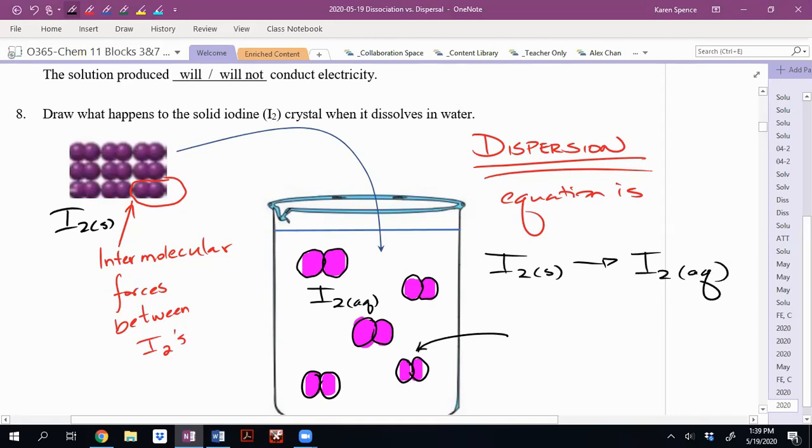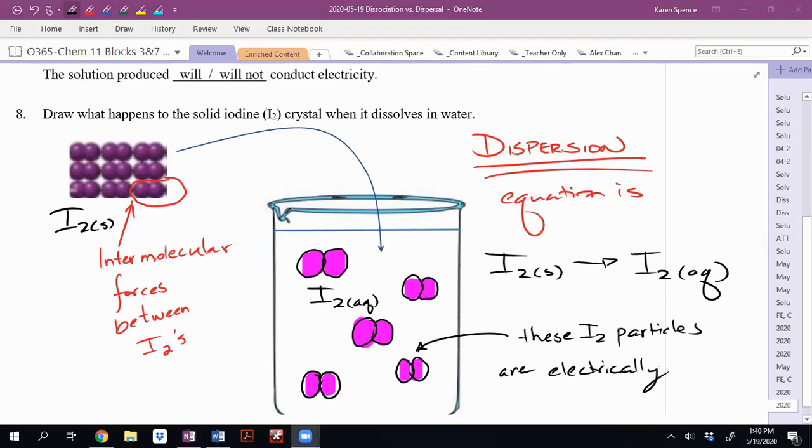What's the charge of these I2 particles? Electrically, are they positive, are they negative, or are they neutral? They are electrically neutral, yeah. Okay, and so the I2 particles are electrically neutral.